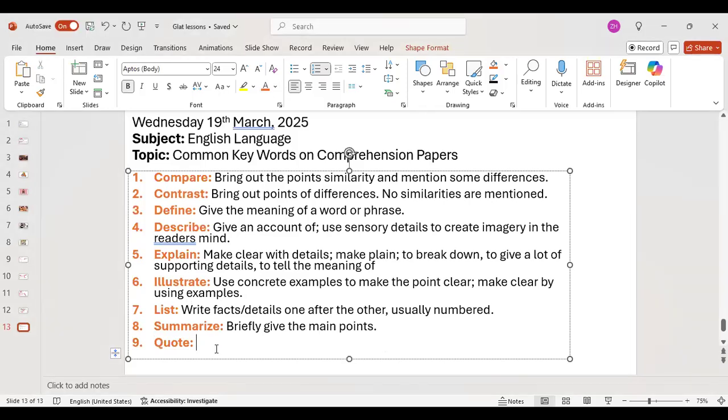Yeah, they mean literally cite what you see in the passage. So give the exact words that are mentioned in the passage. Does that make sense, class? If they say quote, give the exact words.